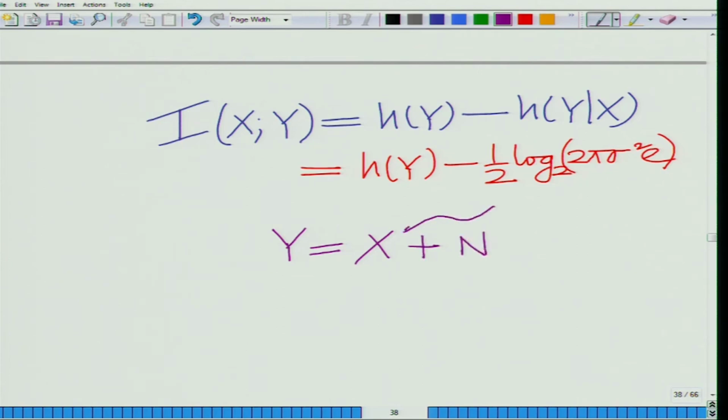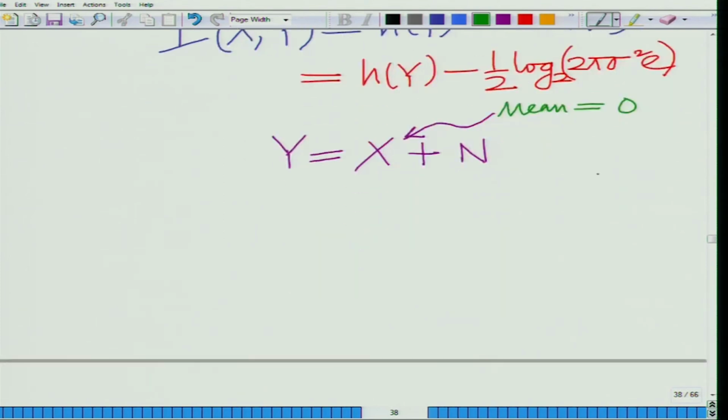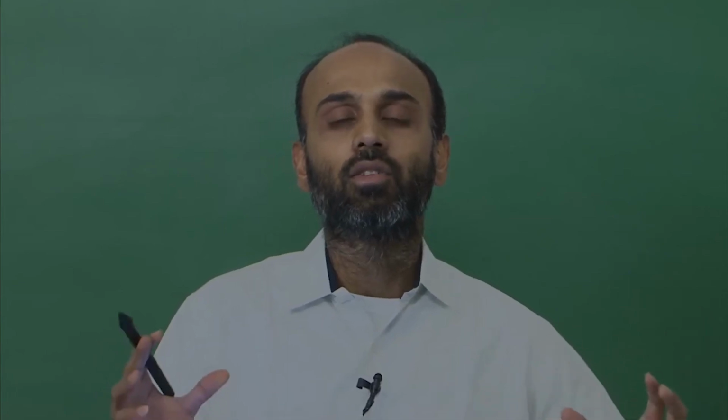Let us assume that x is also 0 mean. And further, an important property in a communication system is that the signal x and the noise n are independent, because the noise is added by the channel or at the receiver, and x is the transmit symbols. These two arise from fundamentally different processes.